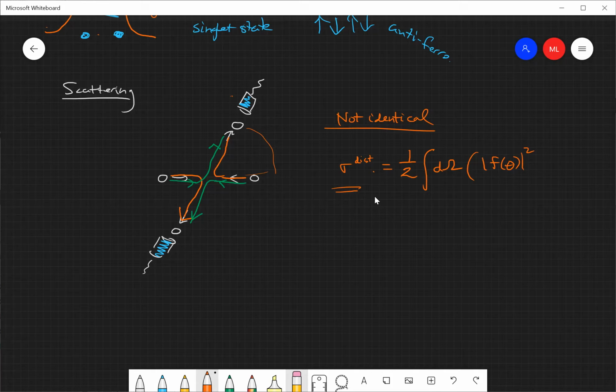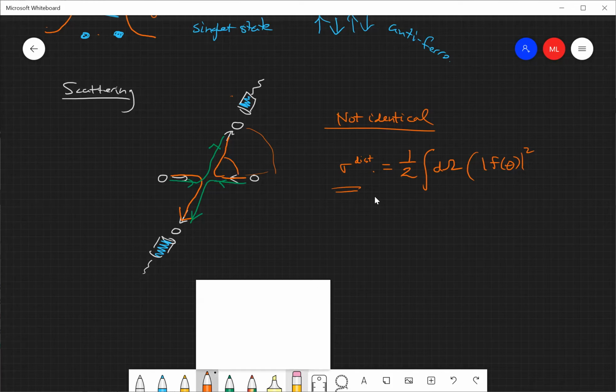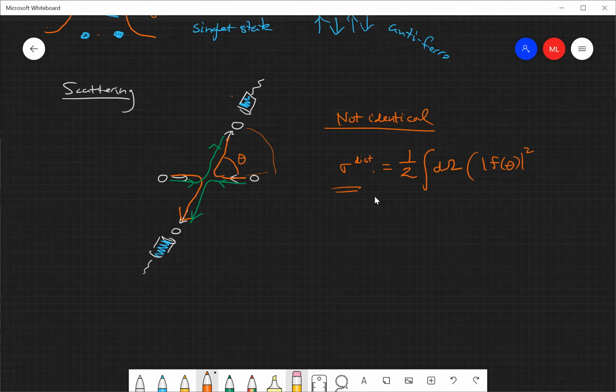If for the orange path you have a scattering amplitude associated with some scattering angle theta, then the green path is also a scattering amplitude, but with a different angle, in this case pi minus theta. It's 180 degrees minus theta. So those are the two different scattering amplitudes that correspond to those two different paths. And you would just add up their amplitude squared.